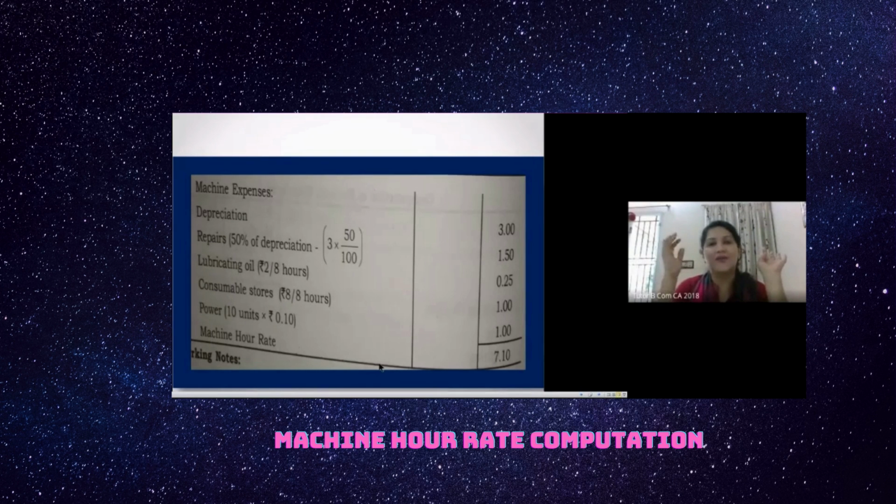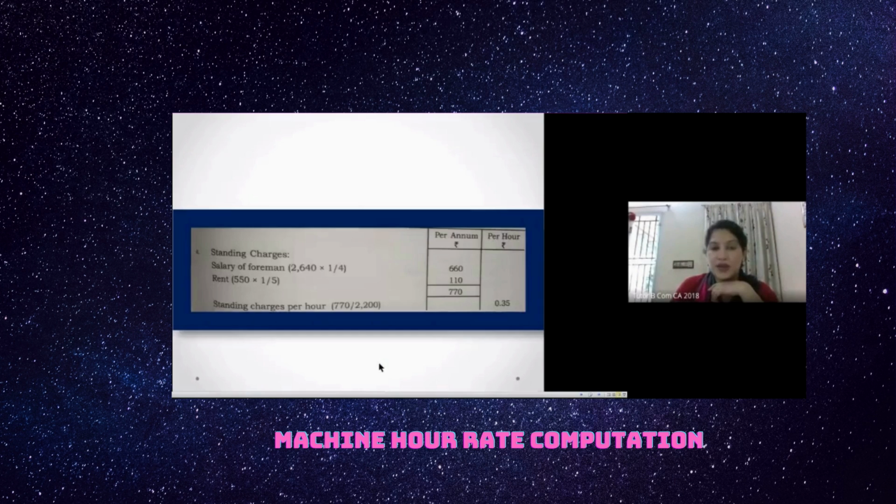For example, the insurance, the salary of the supervisor, salary of the watchman, or the insurance being taken for the factory as a whole. All these would be part of that. Then the second part is related to the particular machine, the expenses connected with that particular machine.